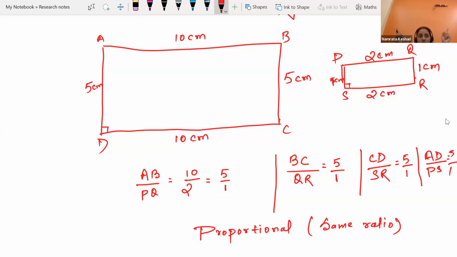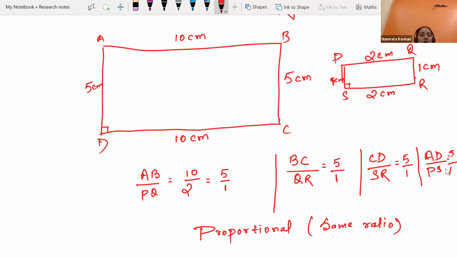If we compress the first side by half, we have to compress the other side also by half, and the third side also by half. If we compress or stretch the figure that way, then only we can say the two figures are similar. Apart from that, we also have to be careful that each and every angle has to be the same.